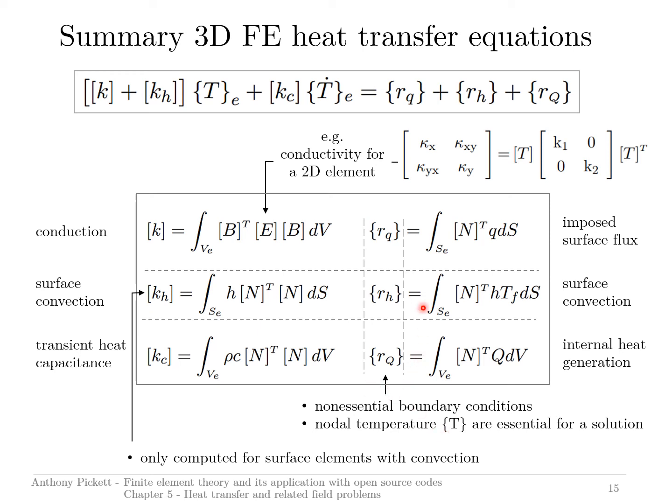These are regarded as non-essential boundary conditions. If they are in your problem, then you should include them, but we do have to impose essential boundary conditions, which will be some kind of fixed temperature at some points. So I hope that gives a reasonable summary.